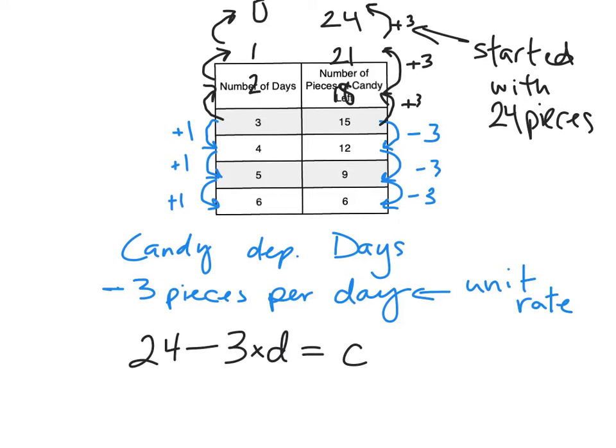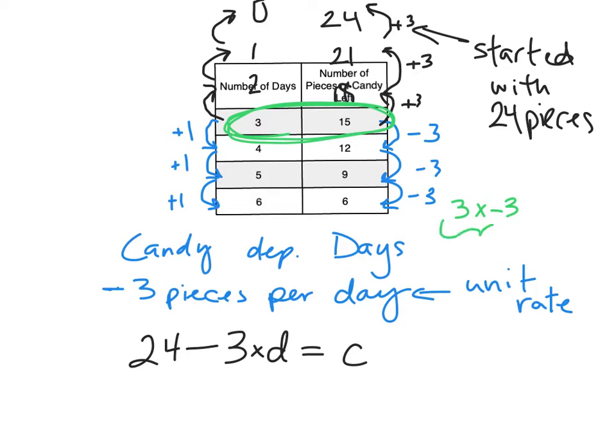Now we could have gotten to this equation, that second way, where we think about there must be a gap to get there. So if we look at this part of our table, and we know our unit rate is -3, or they ate 3 pieces. So after 3 days, they would have eaten 3 pieces of candy each day.